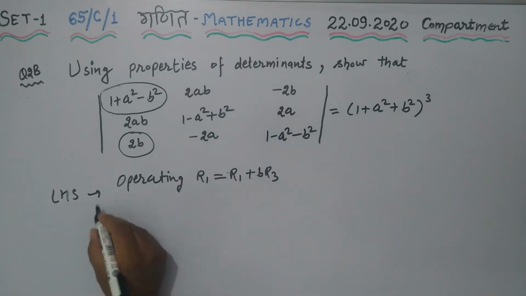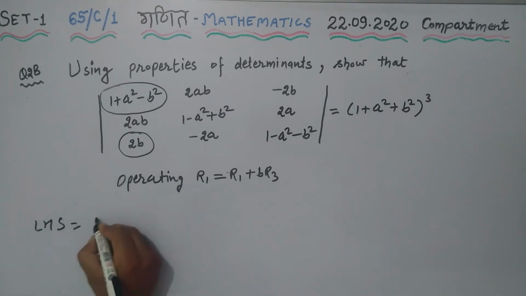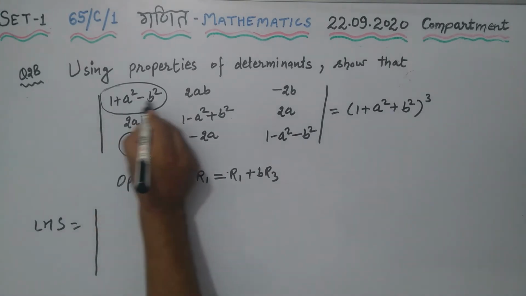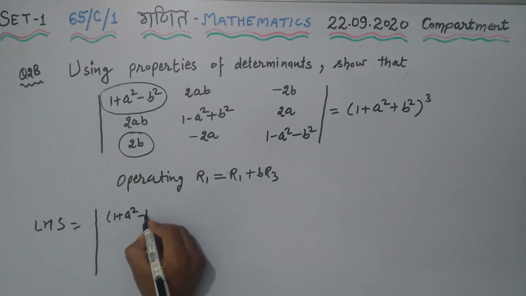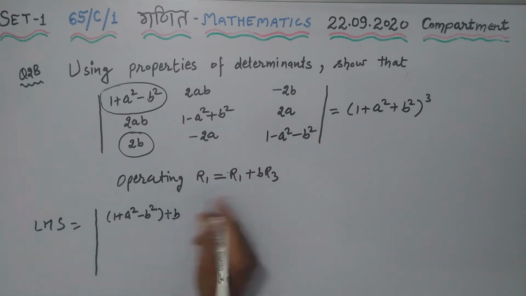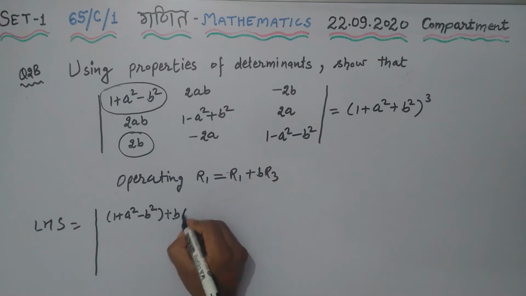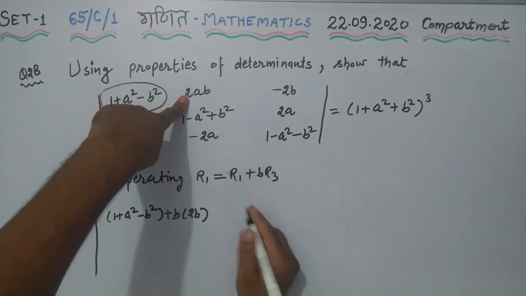So let us see what happens. Left hand side is equal to first element as it is, 1 plus a square minus b square plus b into R3. R3 is 2b. Simultaneously we shall do the same process for this.